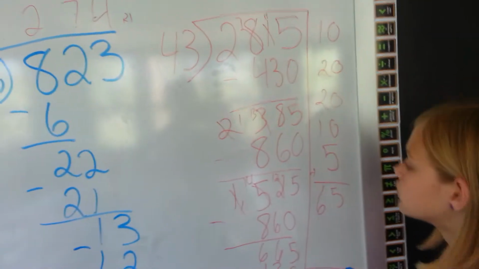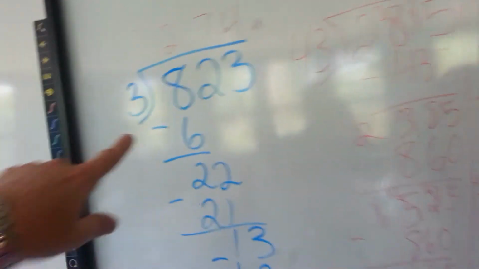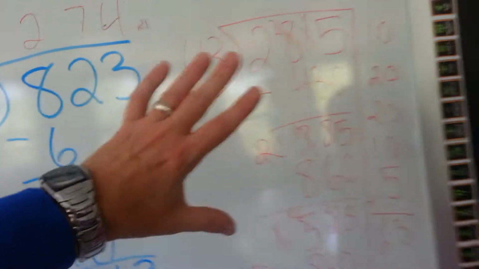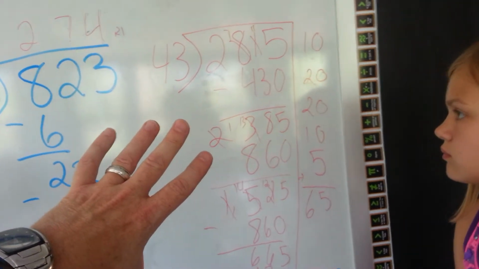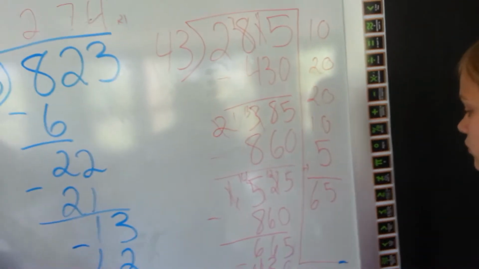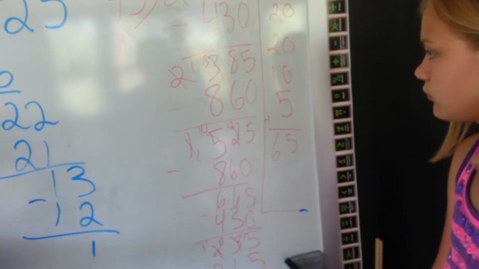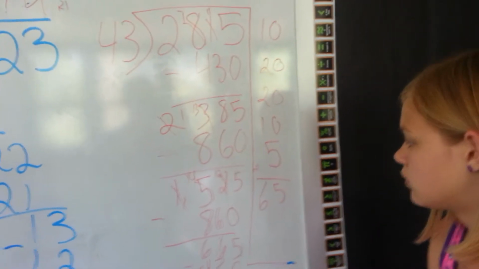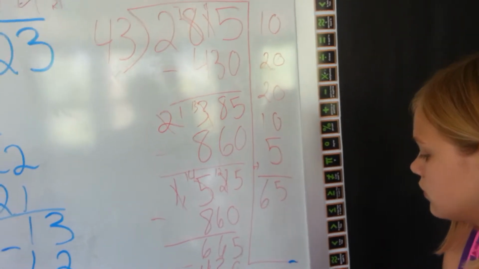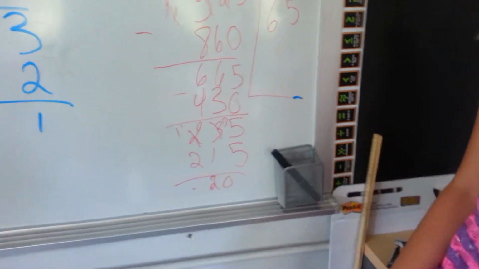So if you make a mistake at the beginning, you're just done. You shouldn't make a mistake on these two, it'll mess you up too, but at least you have a broader range for guessing. So she kept multiplying it by 10, then 20, and then when you're done, you add up all these numbers, and you get 65. And then there was a remainder, 20.